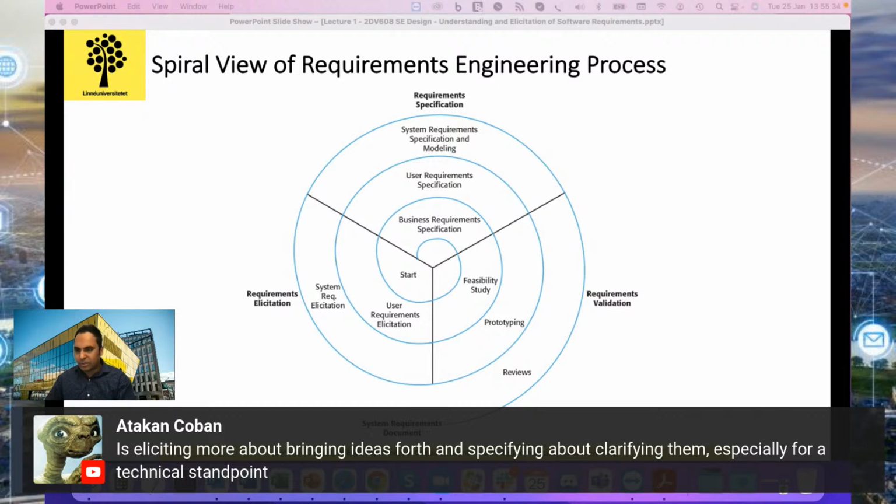I was not sure what you wanted to know, but yes, eliciting is more about introducing ideas or requirements, and specifying is more about presenting the requirements to the developers or the technical people in a way that is non-ambiguous and clear. But yes, I guess I got your question. I could answer this. Okay.